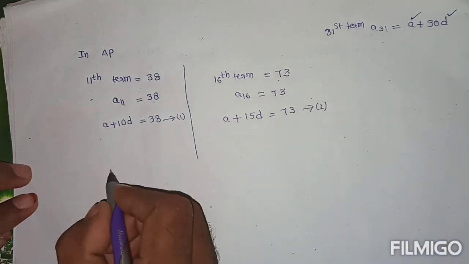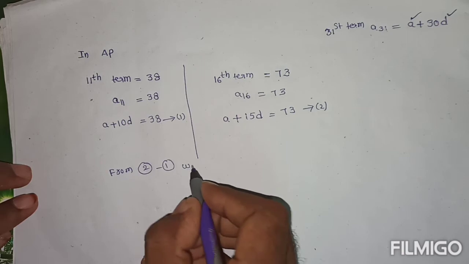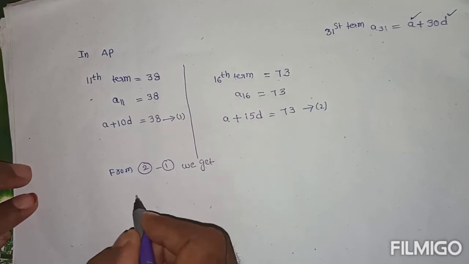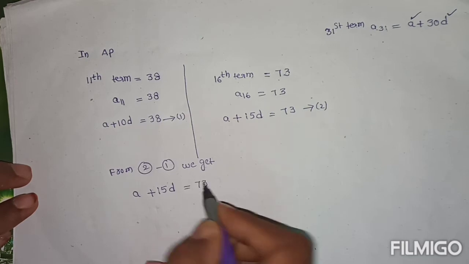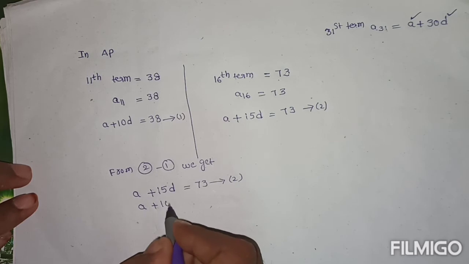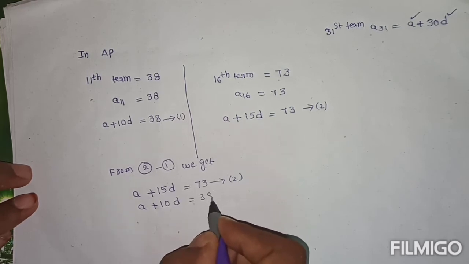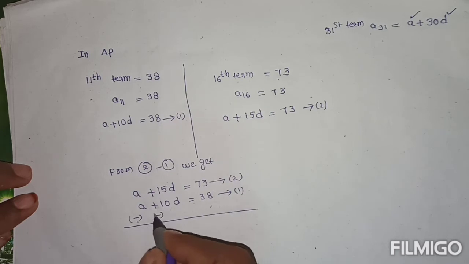From 2 minus 1: A plus 15D is equal to 73, equation number 2; A plus 10D is equal to 38, equation number 1. Next, subtraction.